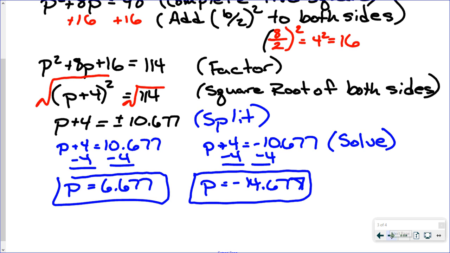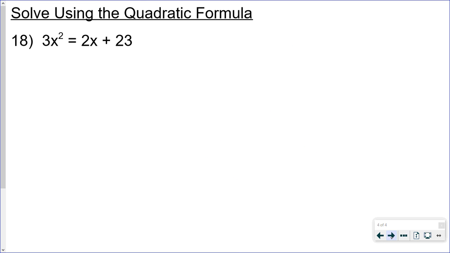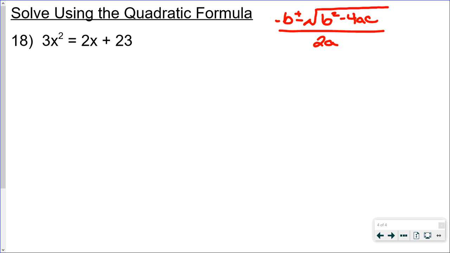All right. The last method is using the quadratic formula. The quadratic formula is something that you need to memorize. So the quadratic formula is negative b plus or minus the square root of b squared minus 4 times a times c, divided by 2a. The first thing I'm going to do here is put this in standard form.